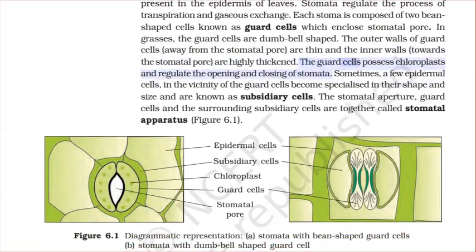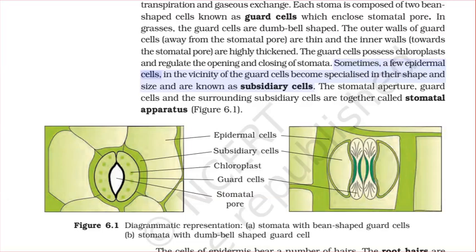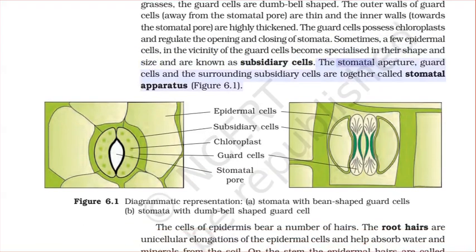The guard cells possess chloroplasts and regulate the opening and closing of stomata. Sometimes a few epidermal cells in the vicinity of the guard cells become specialized in their shape and size and are known as subsidiary cells. The stomatal aperture, guard cells, and the surrounding subsidiary cells are together called the stomatal apparatus.